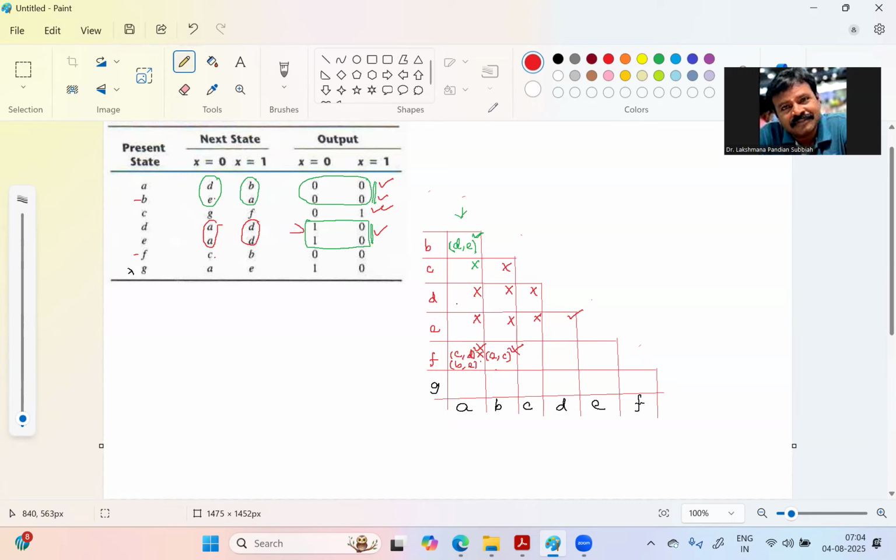The next one is AB, which is already a pair. E and C is not a pair.